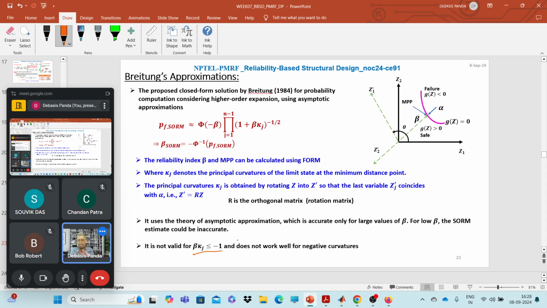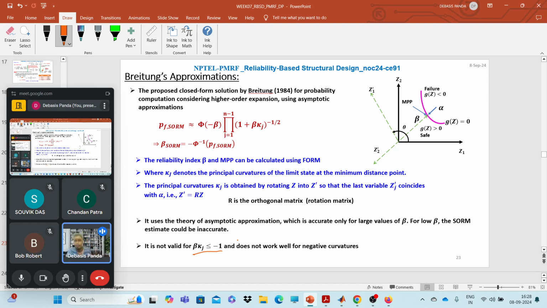If I have a beta value like 2, 2.5 or more than 1, it will give accurate values. But for lower values of beta, it will not give you the appropriate result. But for engineering applications, we don't need to think about lower beta, because we have beta around 2.5 to 3.5 or 5.5. So the model will work.